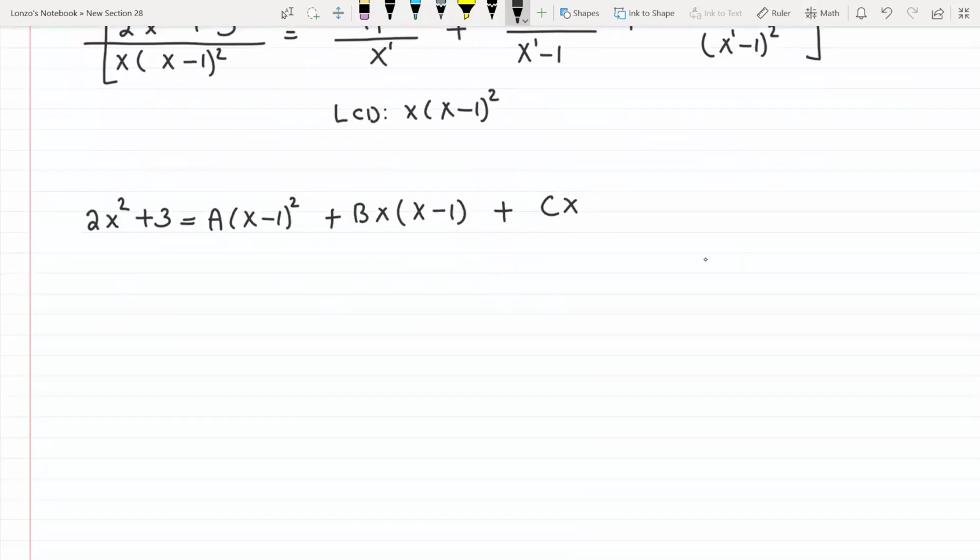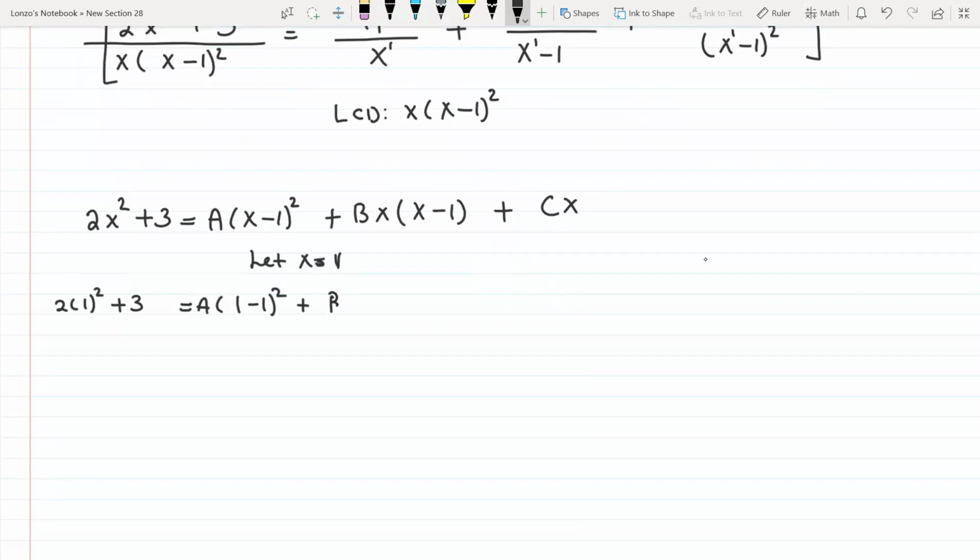Then what I would do is I would not FOIL this out. What I would do is plug in an x value, and the first x value I'm going to use is let x equal positive 1. So let's see how that works out. On the left, it's going to be 2 times 1 squared plus 3.